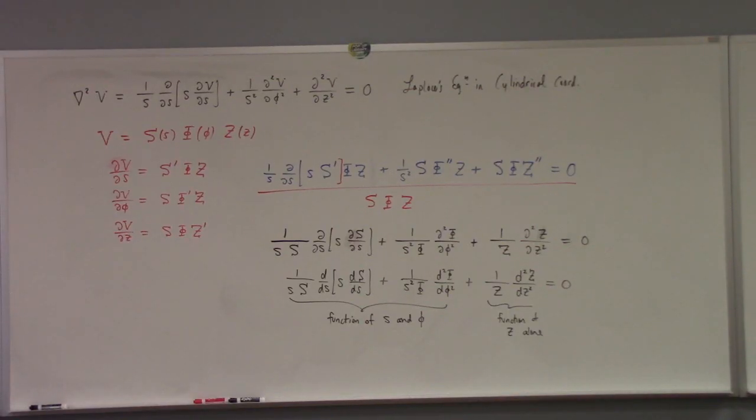It has a symmetry that if you spin around the z-axis, the problem would be the same. You can't tell one way from another as you go around the z-axis. All right? That's what azimuthal symmetry is.